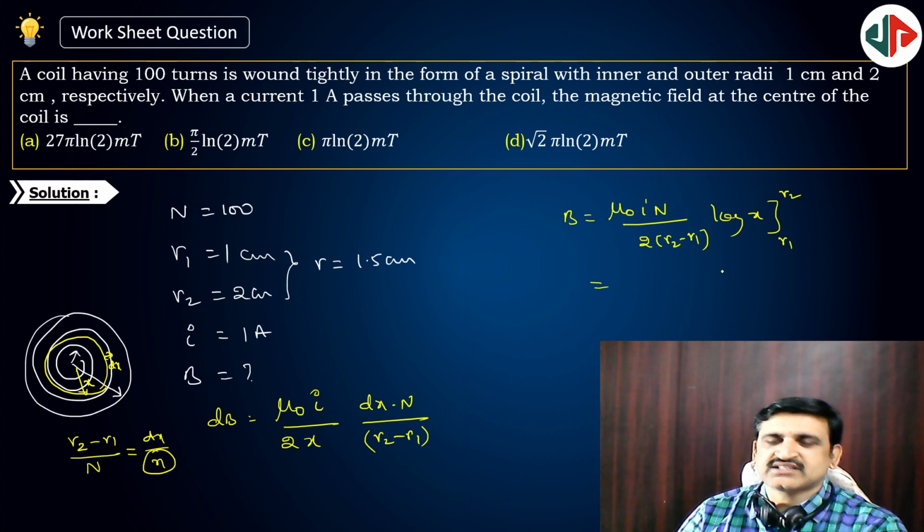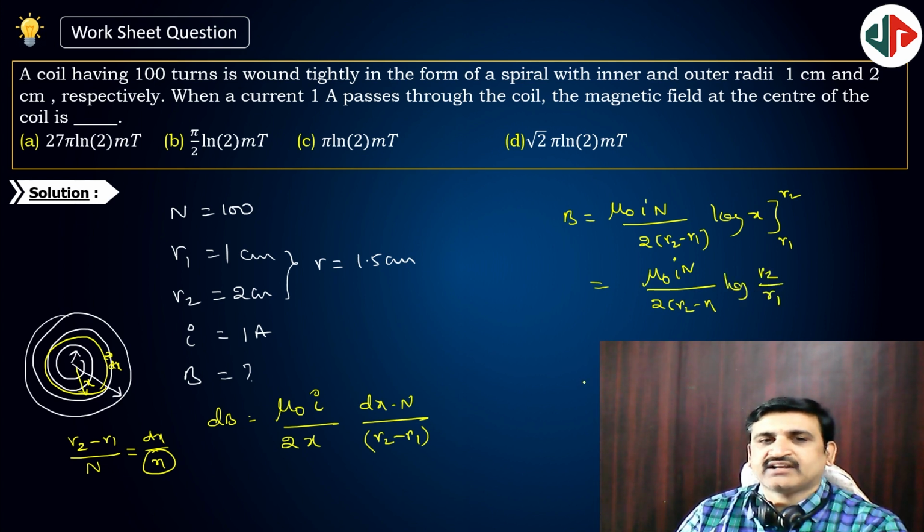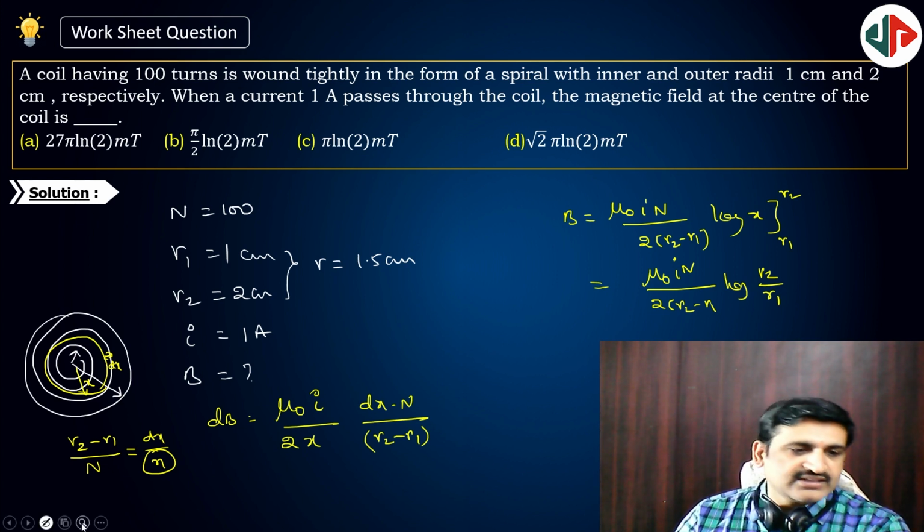So log R2 minus log R1 is log R2 by R1. So B is mu naught N I by 2 into R2 minus R1, into log of R2 by R1. In this you need to substitute the values. I'll show you the substitution also later, you can continue.